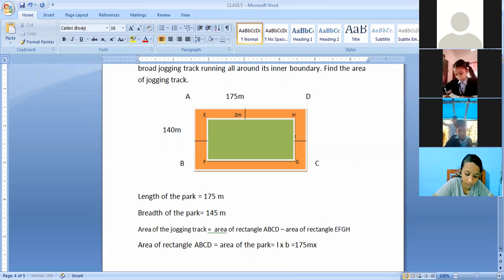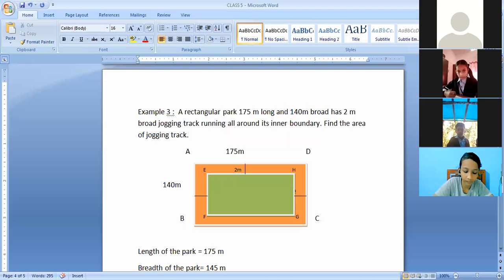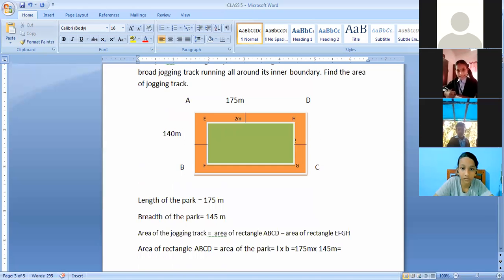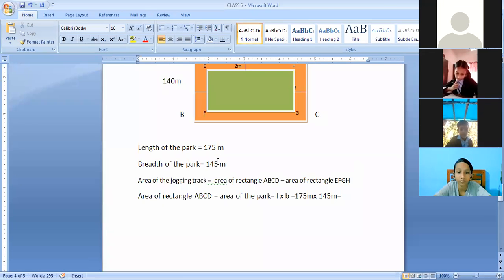And what is B here? 145 meter. It will give you the area of what? Park. ABCD. It's 140, right? Not 145. Sorry. It's 140.